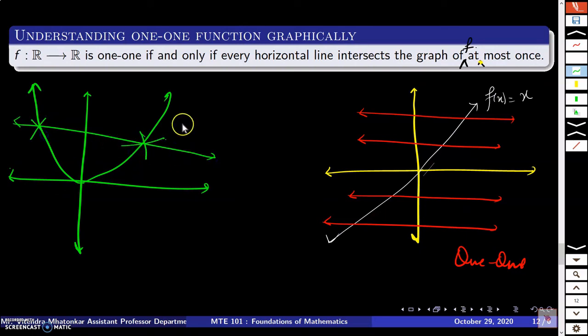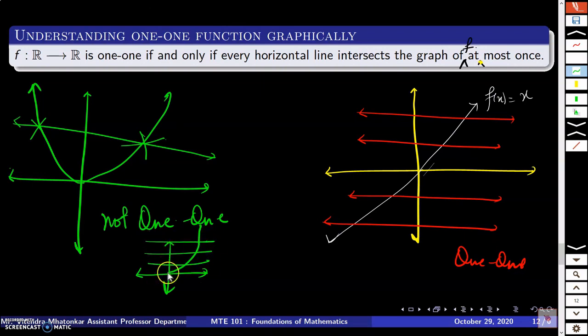Okay, so this function is not 1-1 using the graphical test, right? But if you restrict your domain to only positive in this case and you only look at this half, then it will cut exactly once and then it will be 1-1. Okay, so everything depends on the domain, which points are there in your domain and which are not, right?